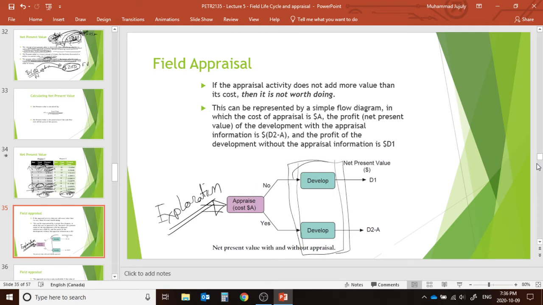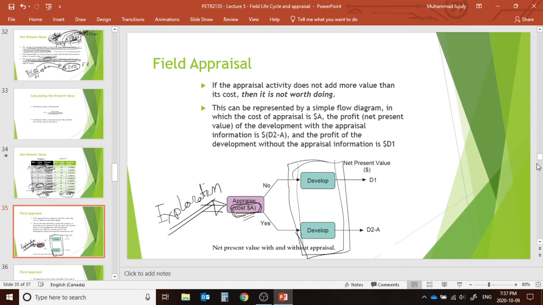Now, would you like to do the field appraisal or not? You ask for a quotation for the appraisal activities, and the geologists working for you say it will cost $1 for the appraisal. So this is the cost of the appraisal, A.